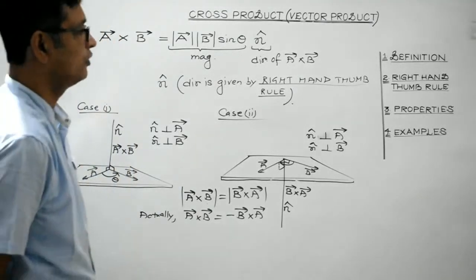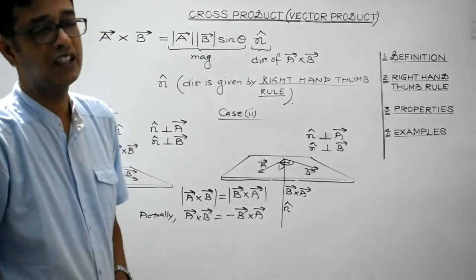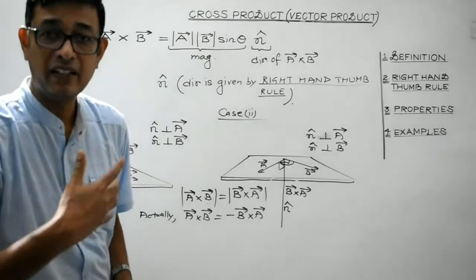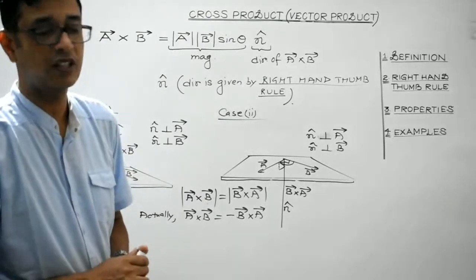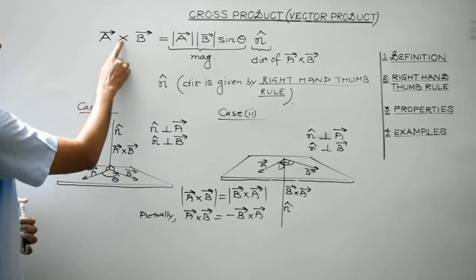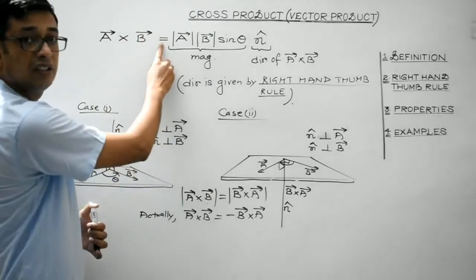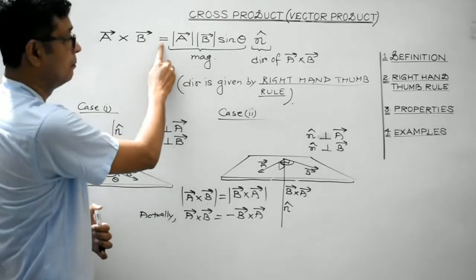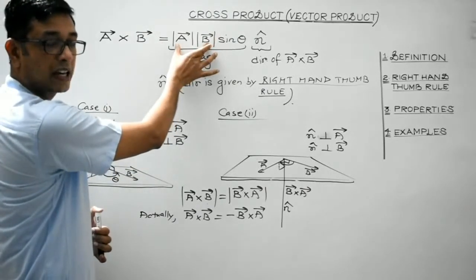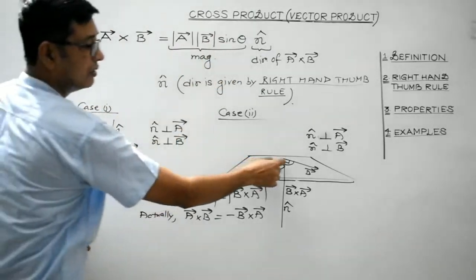Okay, before we start discussing the properties along with various examples, once again I must remind you the definition of the vector product. Look students, this is the cross product. The cross product of any two vectors is given in magnitude by the product of magnitude of the two vectors and the sine of the smaller angle between them.